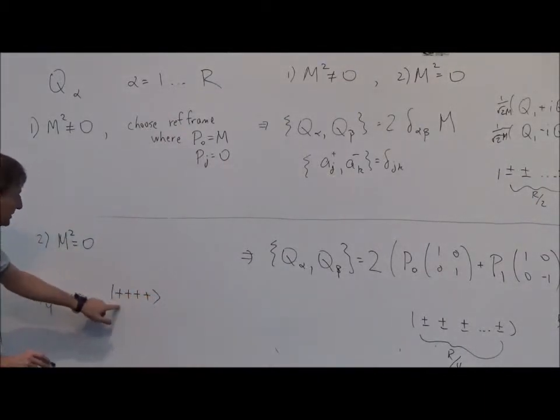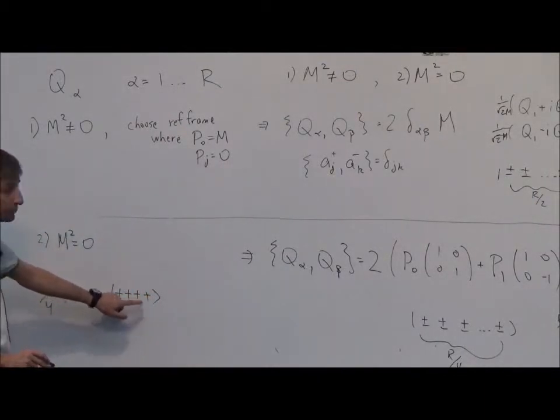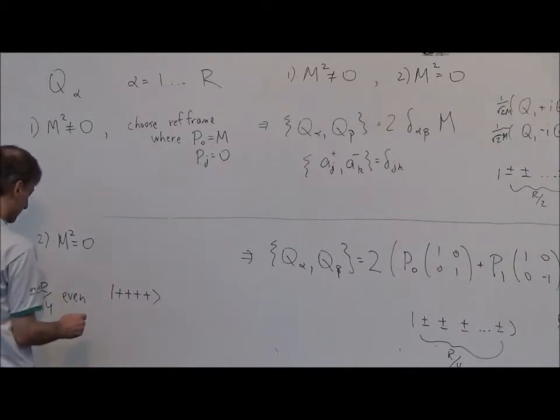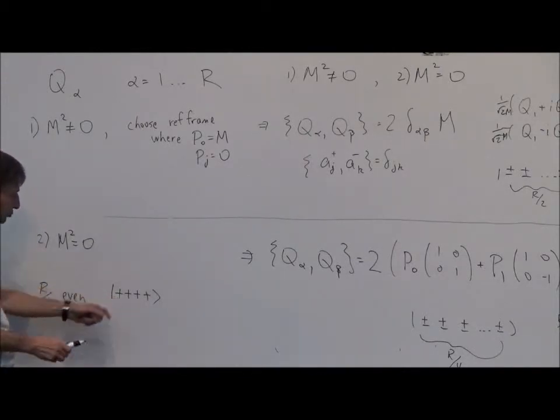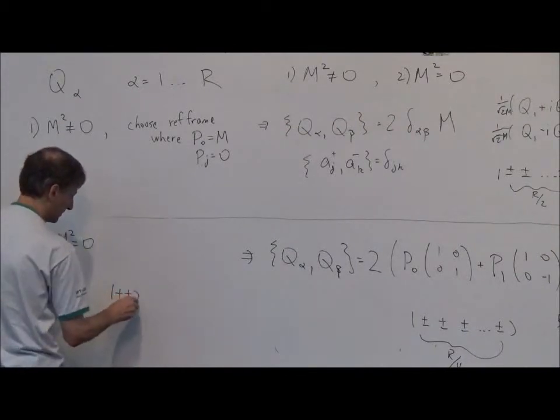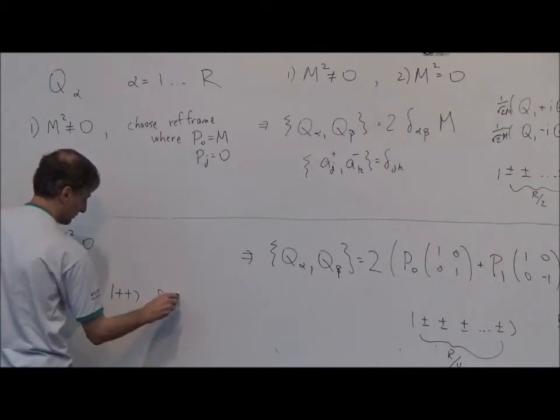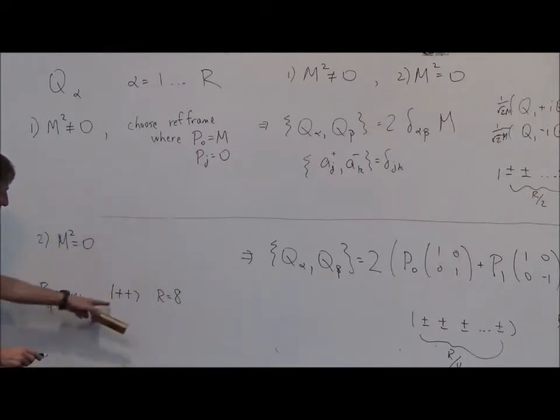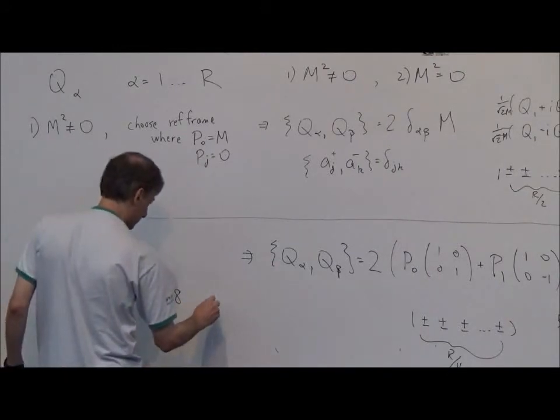Depending on the number of pluses here, obviously it has to have an even number of pluses. But now, if it has just 2 pluses, so this would be the case R equals 8, what you want to say is that this object here is real.